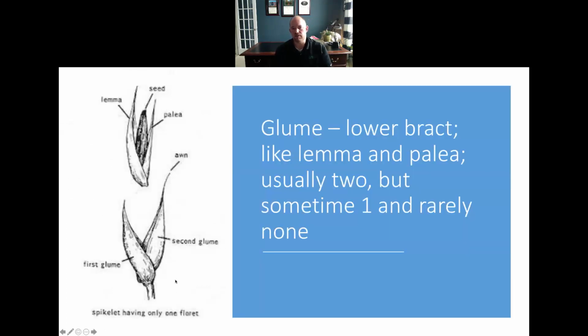Okay, so then we get into the glume. The glume is the lower bract. So it's like the lemma and the palea. There's usually two glumes. Sometimes there's one and rarely there's none. So sometimes if we are lucky enough to see a grass plant flowering, if we really need to dive into identifying it and we can zoom in on that flower, whether it has one glume, two glumes, or none, can help us to identify the plant.